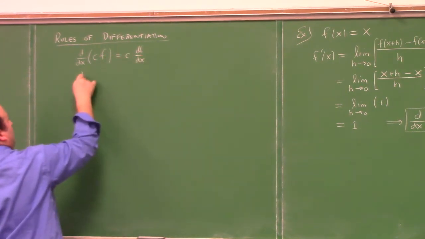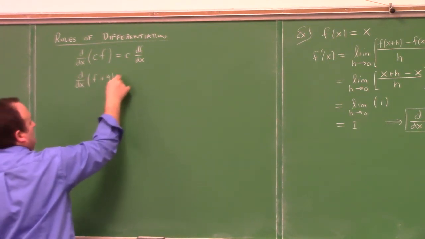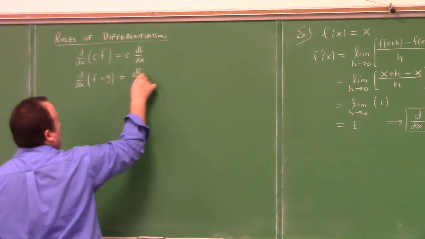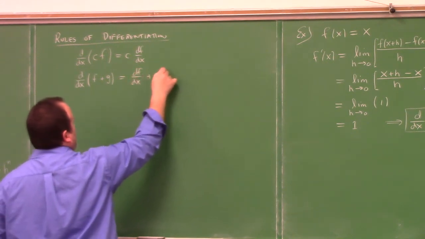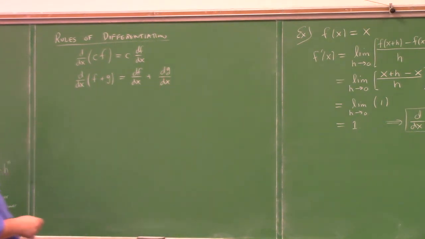The derivative of a sum of two functions, you can break up into the sum of the derivatives like this. So those are the two rules of differentiation I'll probably cover Wednesday.